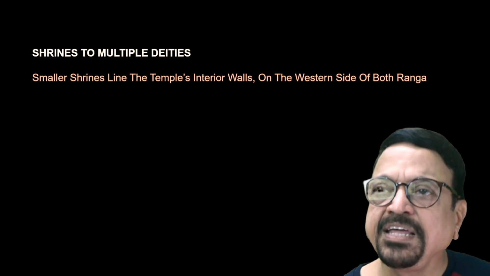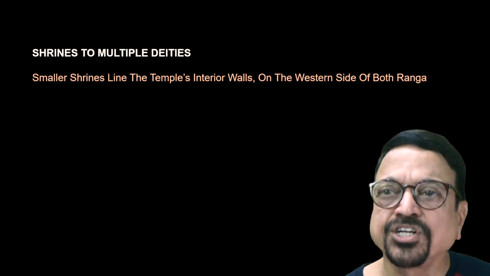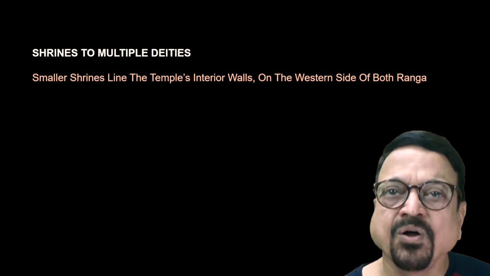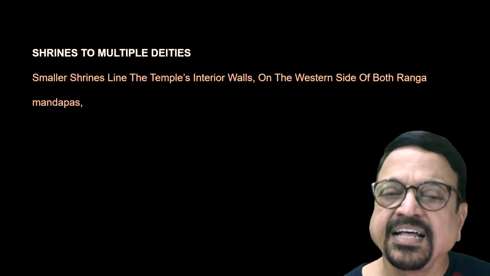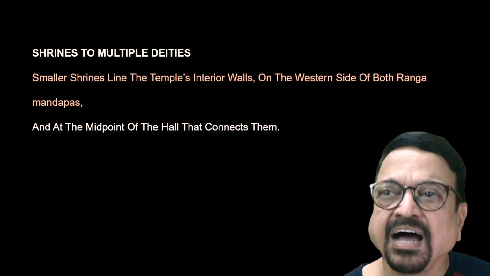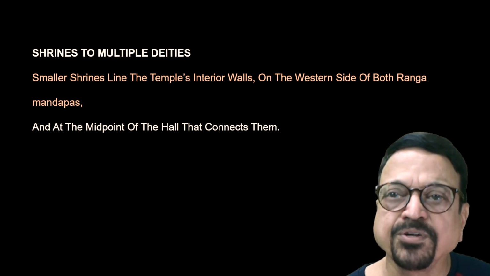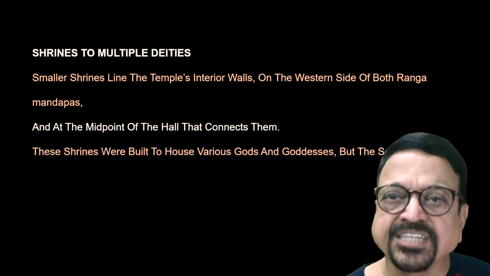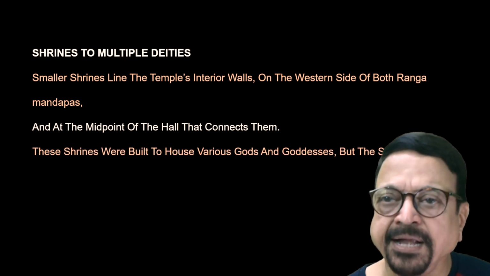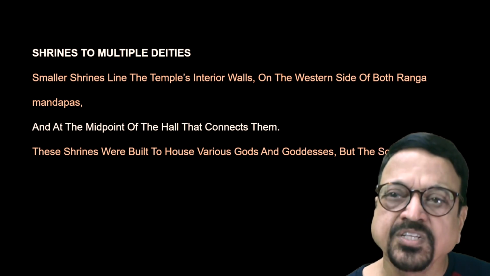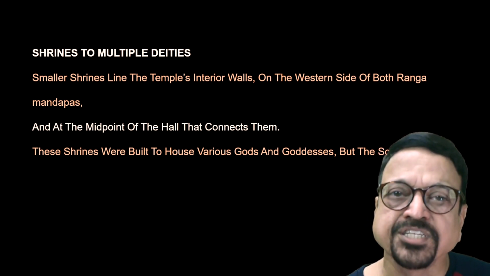The shrines of multiple deities. Smaller shrines line the temple interior wall on the western side of the Ranga Mandapa, and at the midpoint of the hall that connects them, shrines are built that house various gods and goddesses.